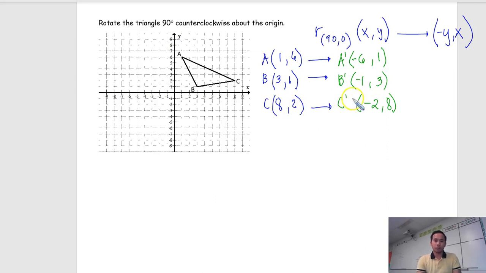Now from there we can plot your A prime, B prime, and C prime, then connect them to make the triangle. So negative 6, positive 1. This is now your A prime. Your B prime is at negative 1, positive 3. That's your B prime. And last one, it's your C prime, negative 2, positive 8.